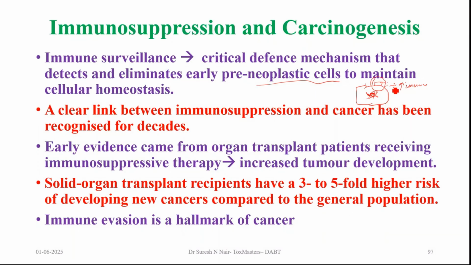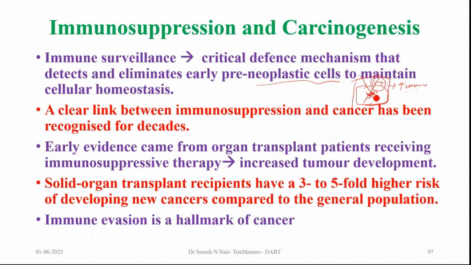Now, imagine a condition where the immune system is inactivated. So what will happen? This mechanism of detection will be inhibited. This mechanism will not exist in the body, or it will exist at a very low level. So what will happen? The already promoted cells, meaning the cells that are promoted to a stage of carcinogens, have to undergo progression in the next stage.